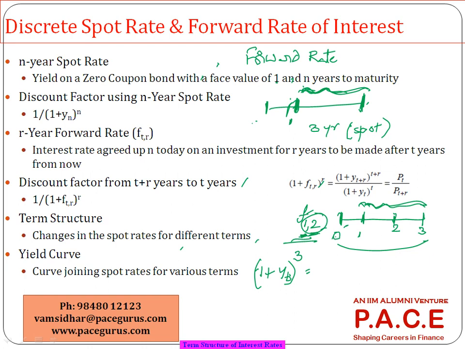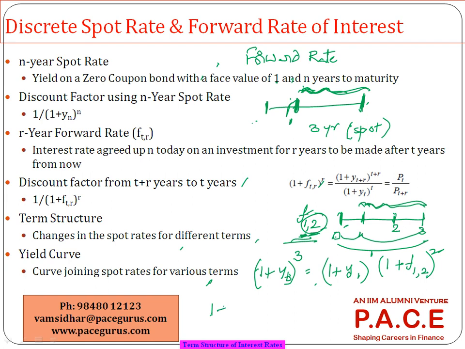This multiplication factor should always be equal to this: first I deposit for 1 year, and whatever money I get, I deposit at the forward rate for 2 more years from then. These two things should give me an equal value. That is the relationship between the forward rates and the spot rates.